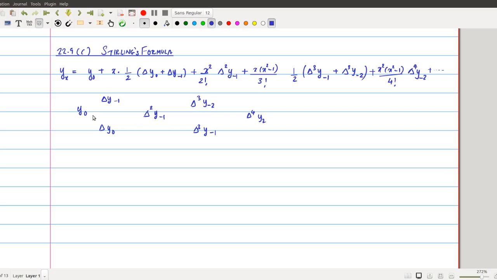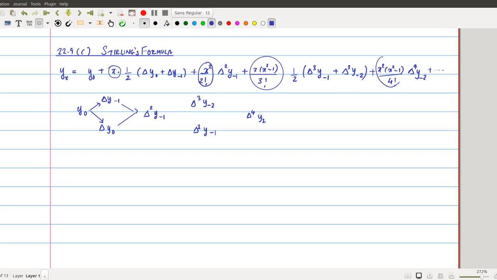So this is the way we choose the values from the table. First we choose y0, then we take the average of these two numbers. So that is 1 by 2 times delta y0 plus delta y minus 1. Now we again come to this. So that is delta square x square by 2 factorial times. Please remember these coefficients, otherwise you cannot apply this formula.